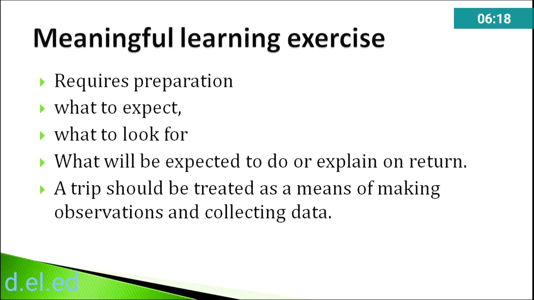A field visit makes learning meaningful, but it requires preparation. You should have clarity about what is expected from the field visit, what students are expected to observe, record and find out, how they will explain when they return, and what they will tell the class.